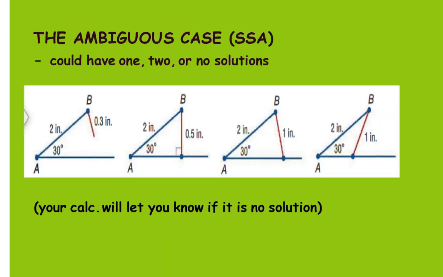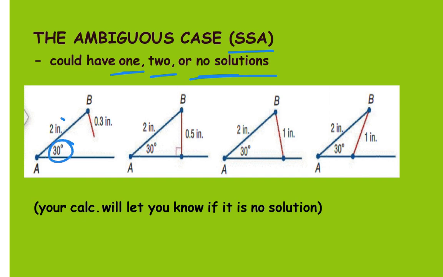So we have one situation when we have a side-side-angle, and it's called the ambiguous case. And in this situation, you could have one, two, or no solutions. So what's going on is that, and this is why you cannot prove that triangles were congruent using angle-side-side or side-side-angle, because of this situation.